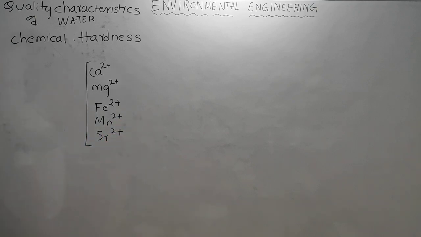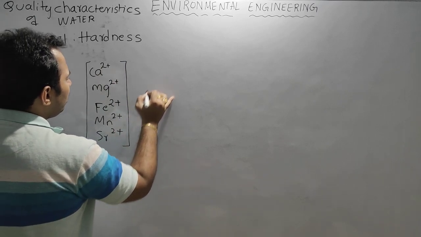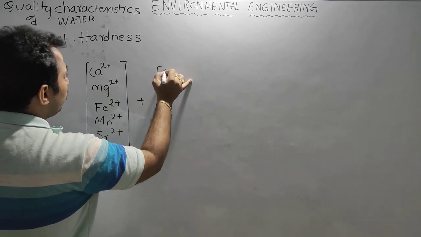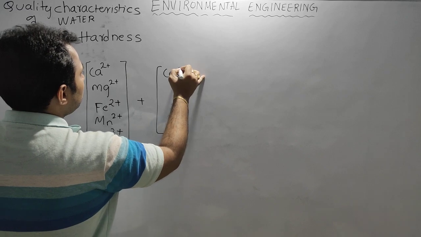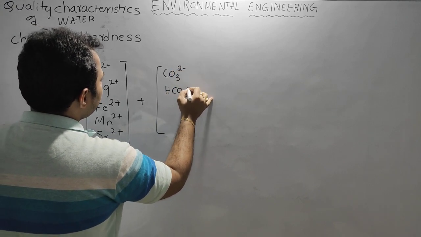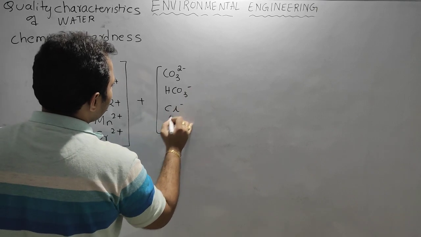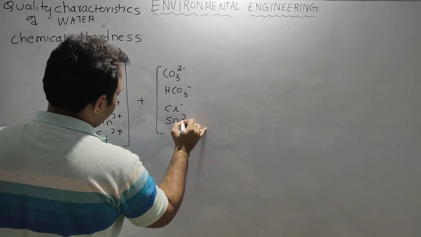There are many cations which may cause hardness when they combine with carbonate CO3 2 minus, HCO3 minus, Cl minus, SO4 2 minus.